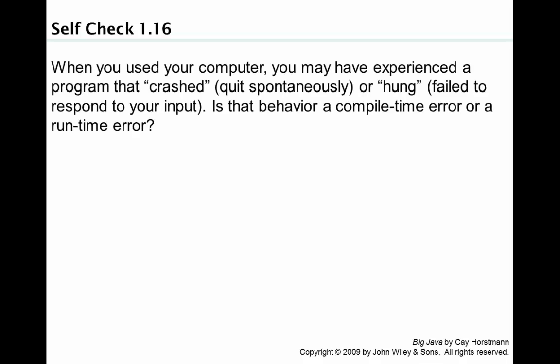When you use your computer, you may have experienced a program that crashed, quit spontaneously, or failed to respond to your input. You see this all the time. Is that behavior a compile time error or a runtime error? Well, let's see. You've already compiled the program and it's actually running, so the errors happen at runtime.